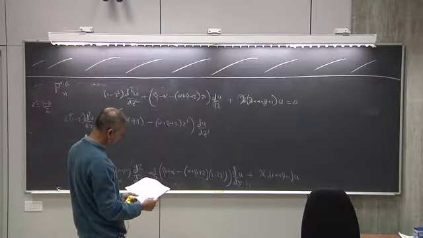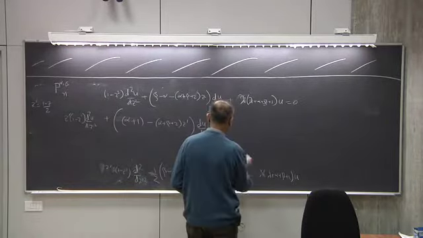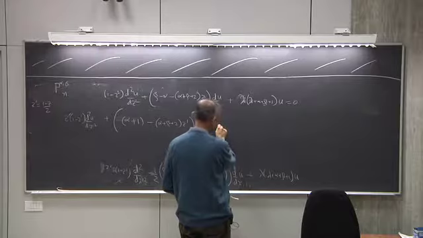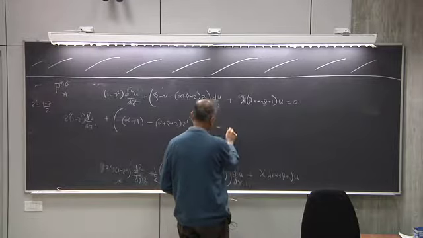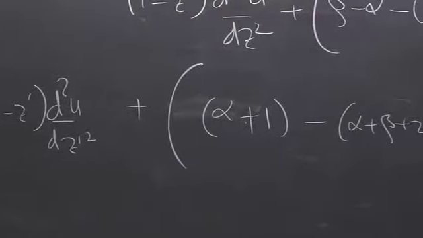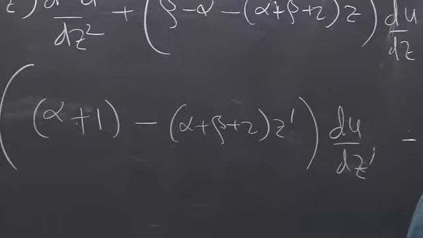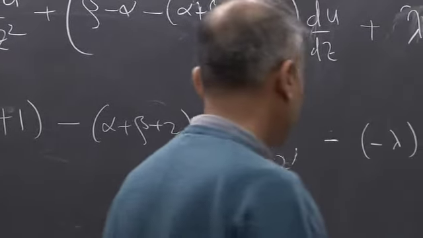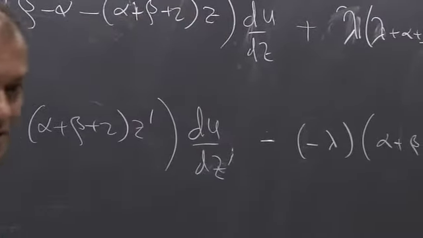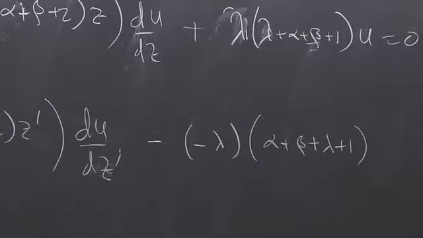Plus, yeah, lambda should be negative, so this becomes plus. So I can write it as minus lambda times alpha plus beta plus lambda plus 1, right? I just put the minus here to bring it into that form, because it was minus a times b.